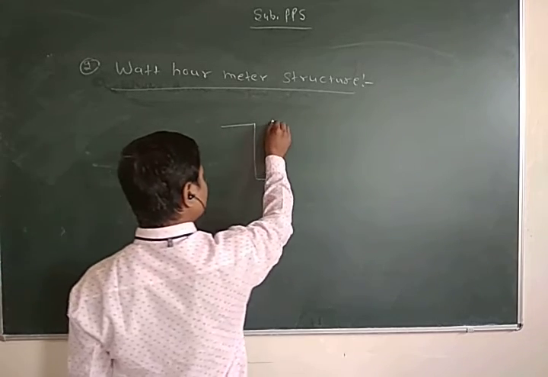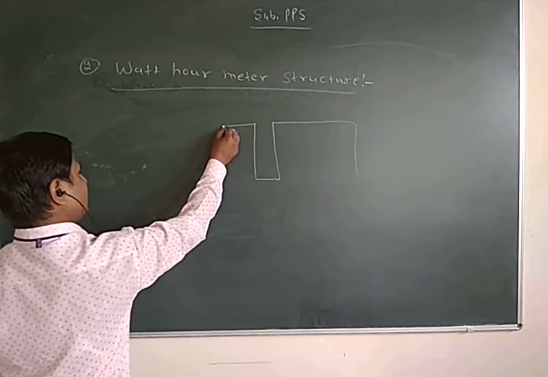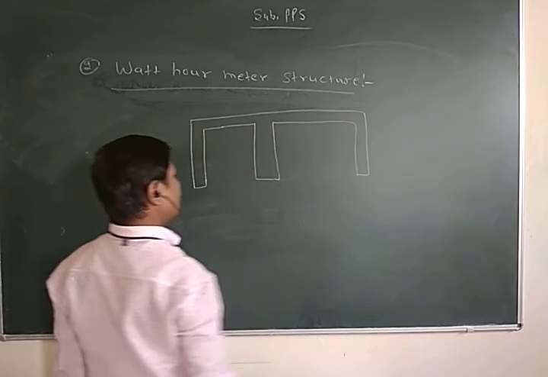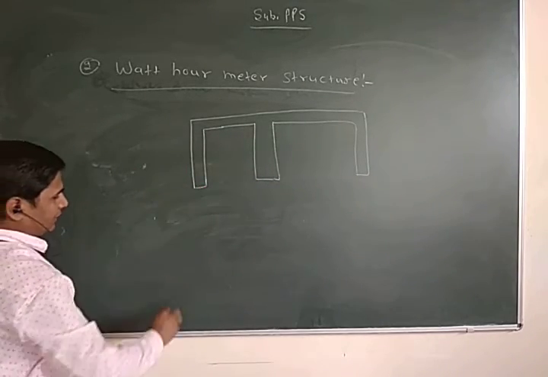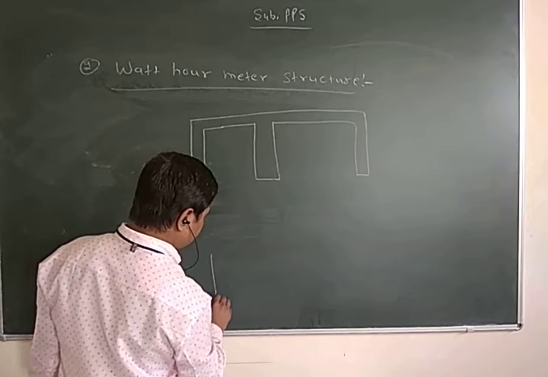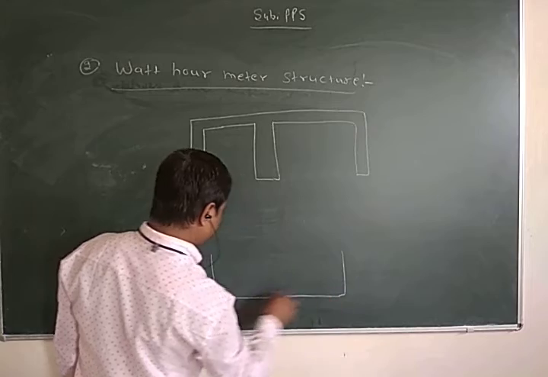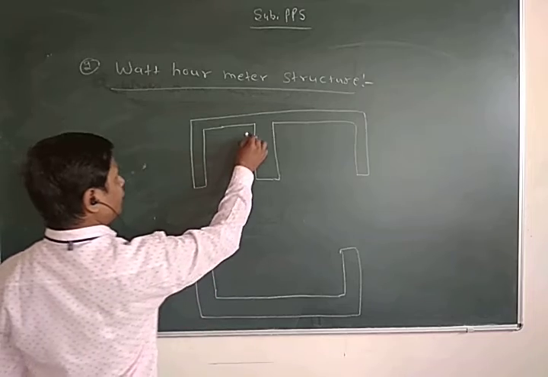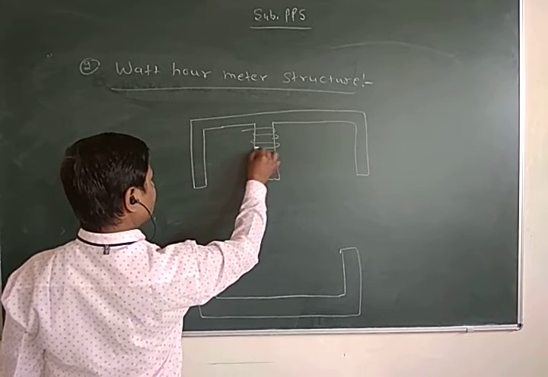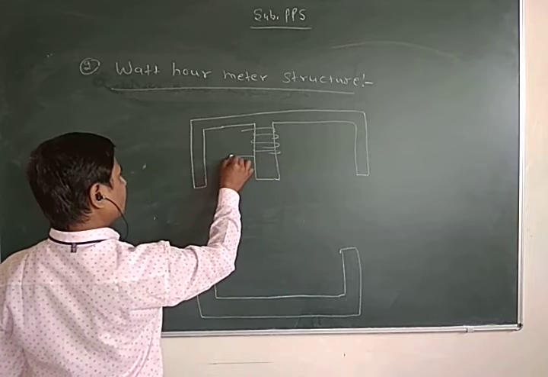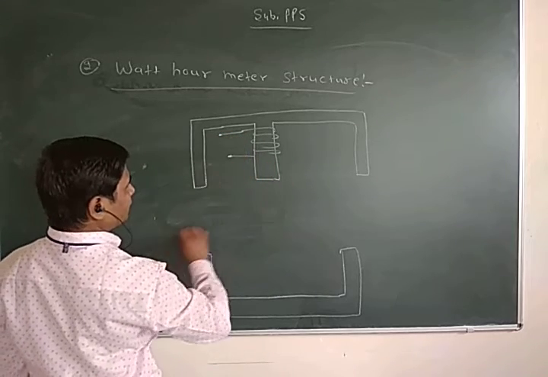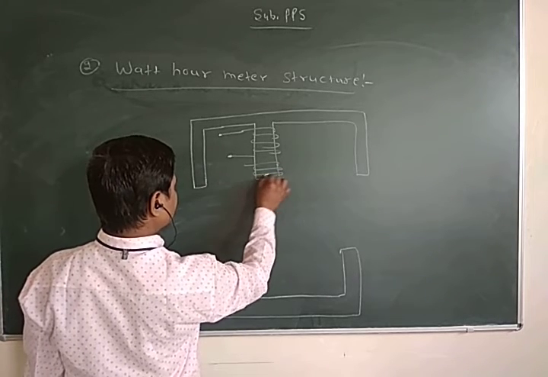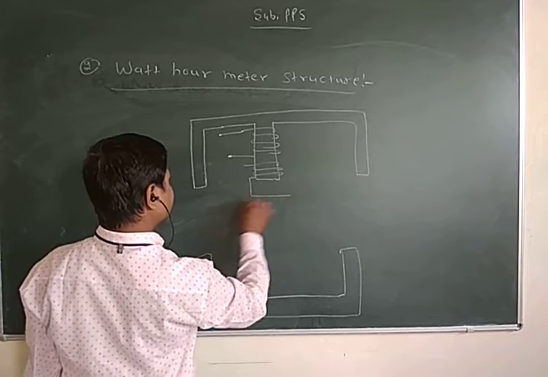So we draw a circuit. In this circuit there are two magnetic cores. One is E-shaped and the second magnetic core is U-shaped. Now we insert windings in this way.